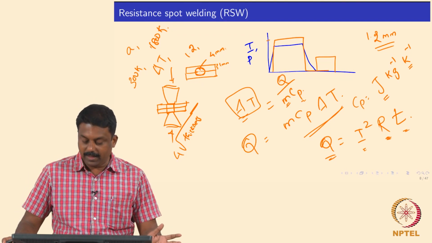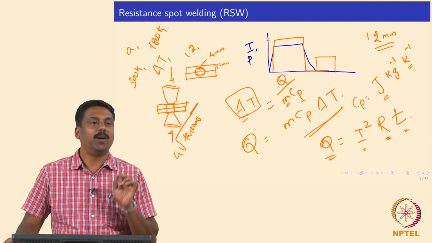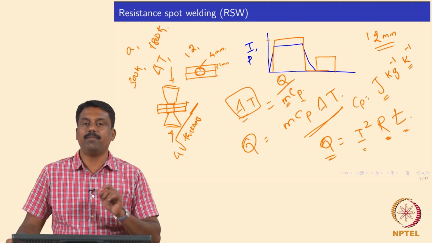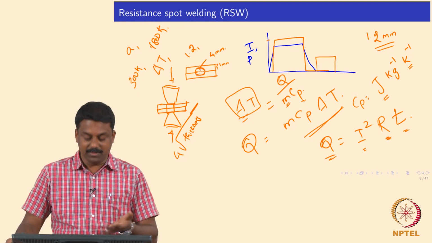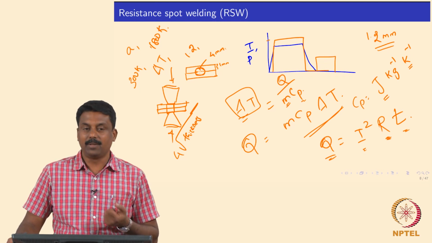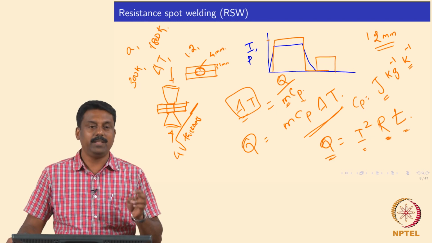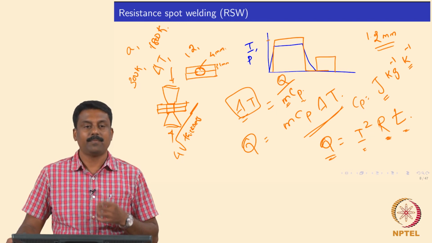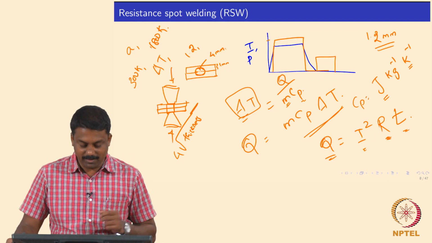Now, once you know the thickness and the required diameter, we can calculate how much current is needed for a given time of welding, isn't it? We can use our physics to calculate the welding current and time needed to achieve a required weld nugget diameter. It's clear? Yes or no? Okay, good.